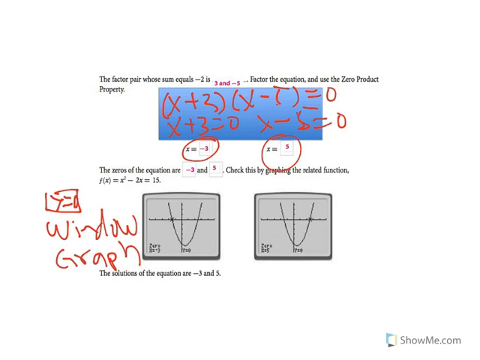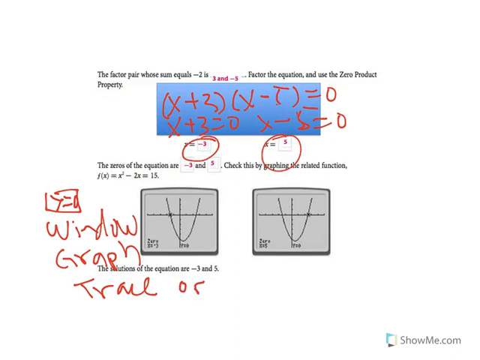Okay, there's two ways. One is that you can do a trace to see where the 0 is, or you can do second and do the calculation and look for the 0 of the function. Okay, but I think if you use decimal, it's much easier. Or you just click on where the 0 is, and it'll give you the answers.